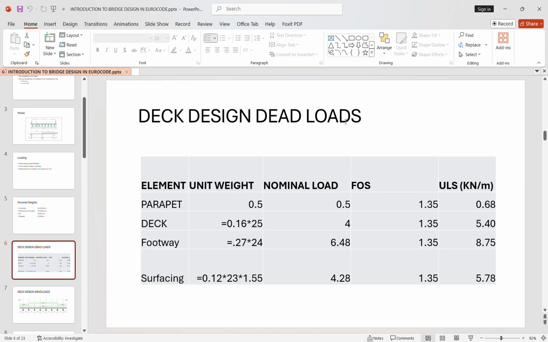So the deck design dead loads. I prepared an Excel. So for the elements, we have the parapet, the deck, the footway, and the surfacing. For the parapet, this was our unit weight. So this is our nominal load.